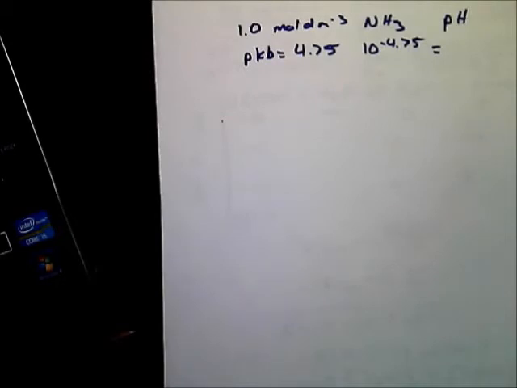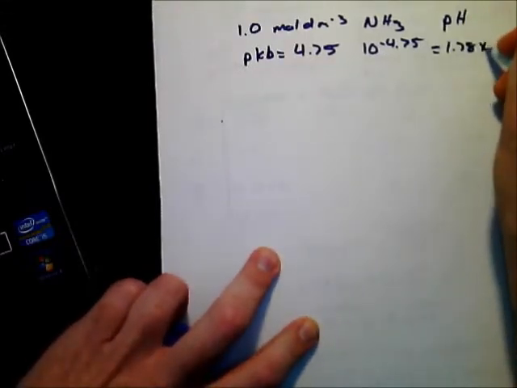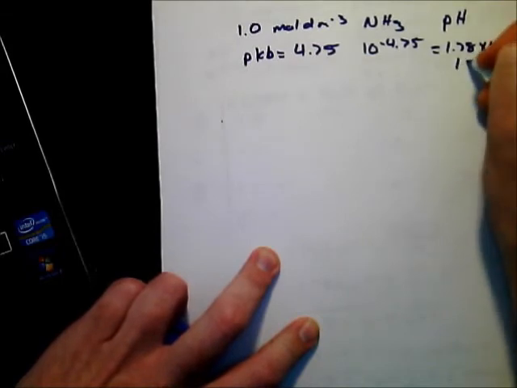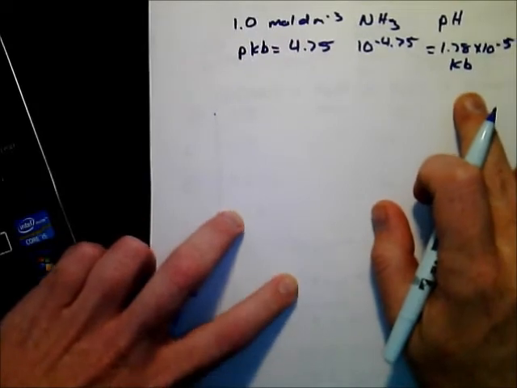So I take out my handy dandy calculator, and we go 10 to the negative 4.75 power. It turns out that's 1.78 times 10 to the negative fifth, and that is the Kb of ammonia. That's the one that's going to be more useful to us to solve this problem.